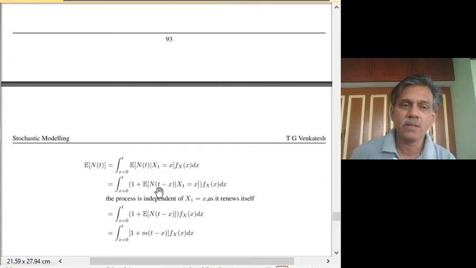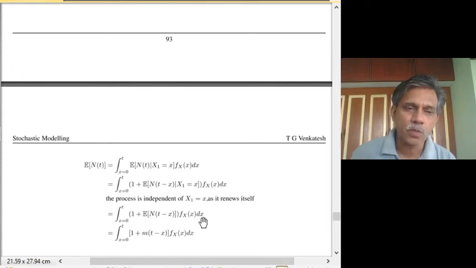From the independent increment nature of the process, the expected number of renewals in this time interval is not dependent upon the value taken by X1. Therefore, we can drop this. So it will be simply the expectation of N(t minus x). So the integral becomes the integral from 0 to t of 1 plus the expectation of N(t minus x), times f_X(x) dx.